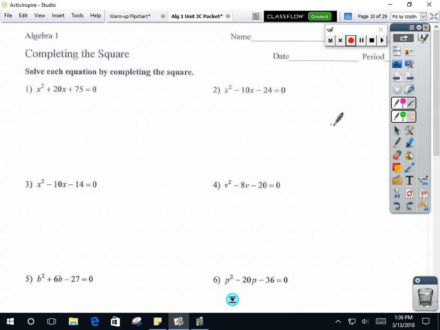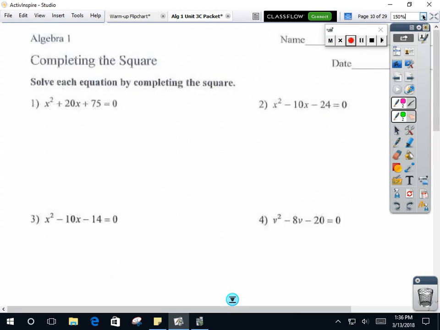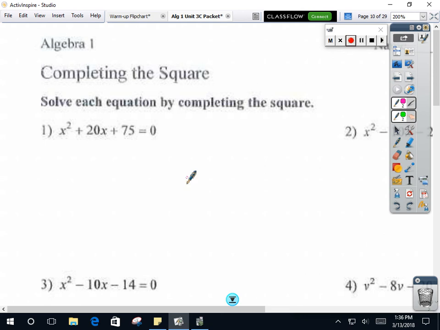Okay, so now let's try the next one. Go to the next page, number 1. Okay, what is the very first thing we should do? Correct. The first thing you should always do is check to see if it can be factored. Are there two numbers that multiply to 75 and add to 20?